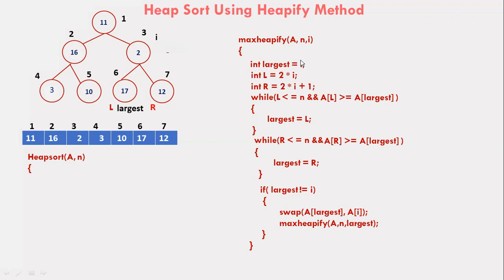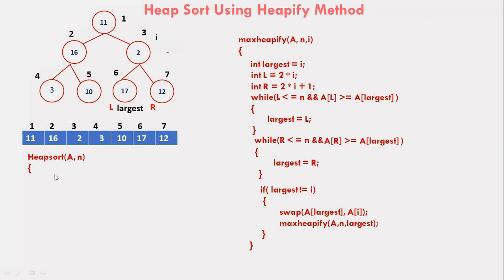Once after deleting the last node also, we are going to apply the heapify method. So we apply the heapify method for building the max heap as well as in deletion.